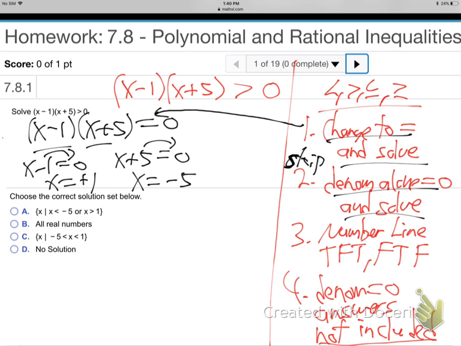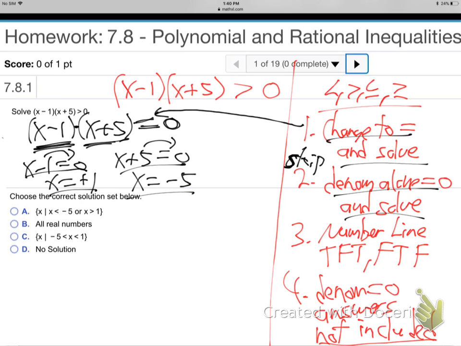If I said, I'm thinking of two numbers, they times to be 0, either one could be 0 to make that happen, couldn't it? 0 times anything is 0, or anything times 0 is 0. The first one could be 0 or the second one. Finish it up. X can be positive 1 or negative 5.